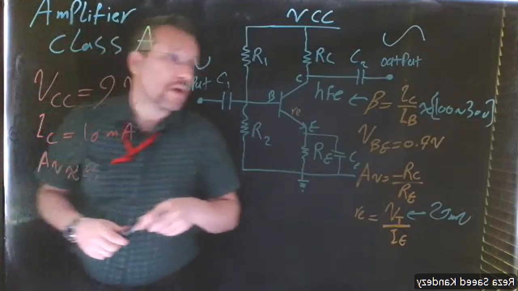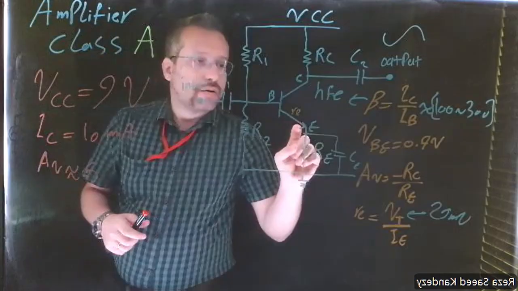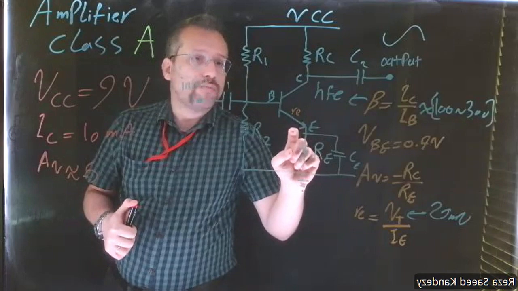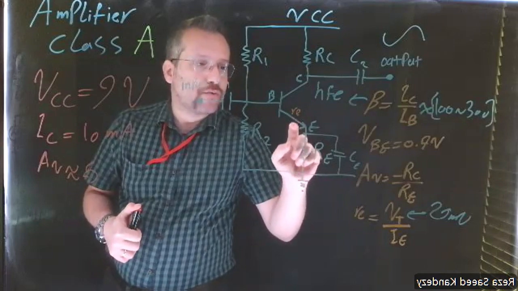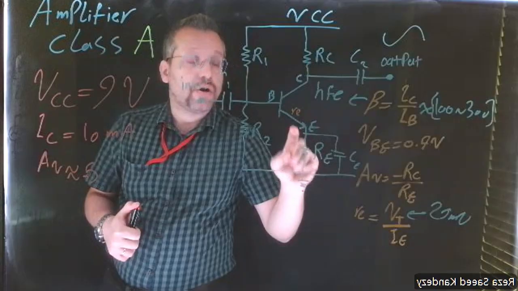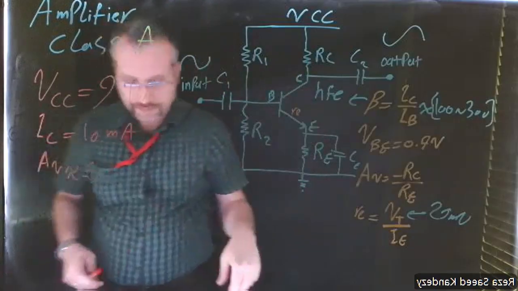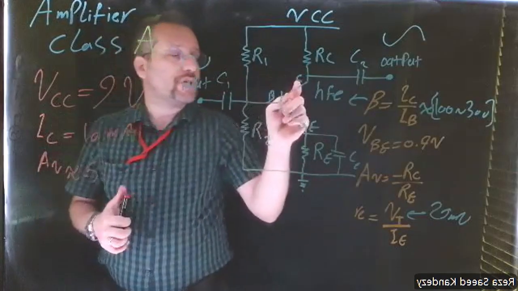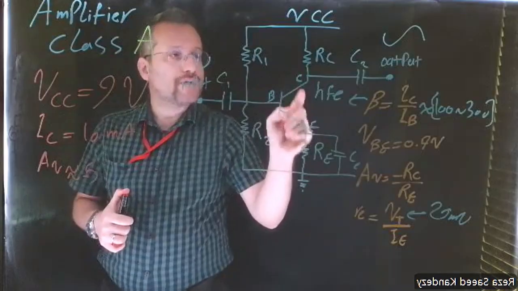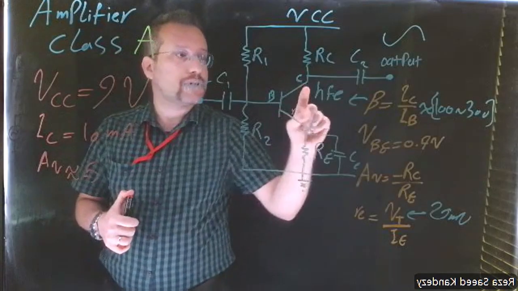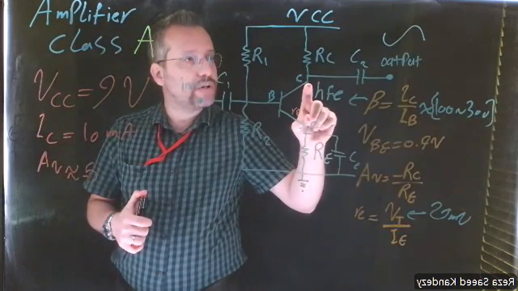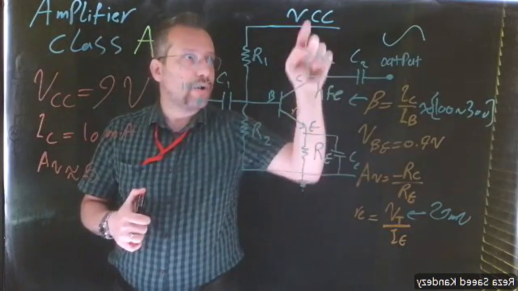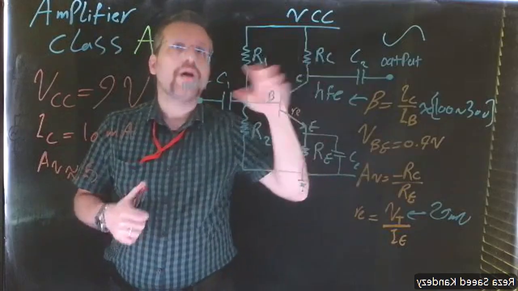The rule of thumb for designing and biasing the BJT is that we want the voltage between the collector and emitter to be in the middle of the whole voltage of VCC. Why is that?